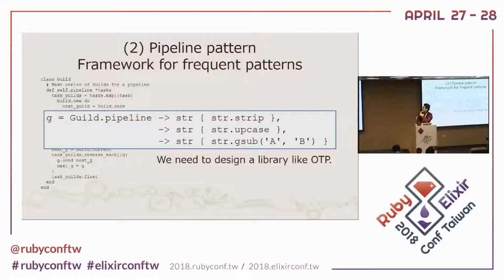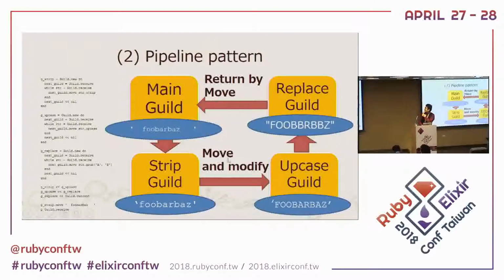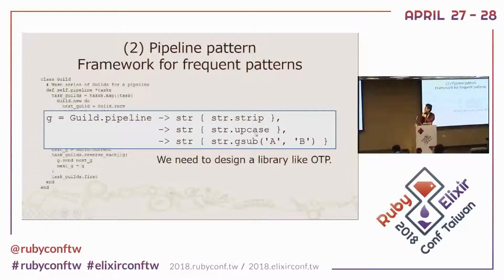This is my trial to make a pipeline definition of the pipeline guilds pattern, and using this method, we can make such 3 guilds. Maybe this is a very preliminary trial, and we need more discussion about that.